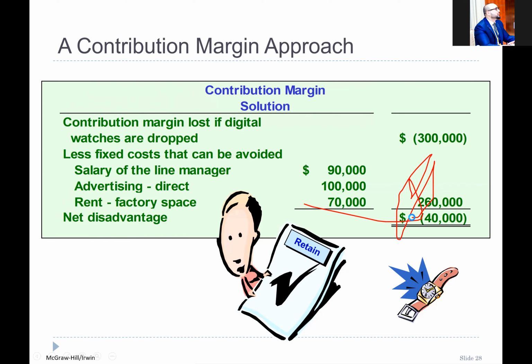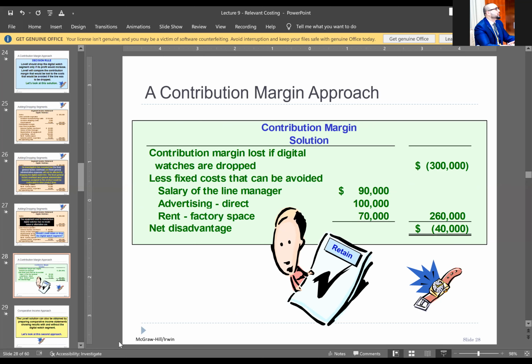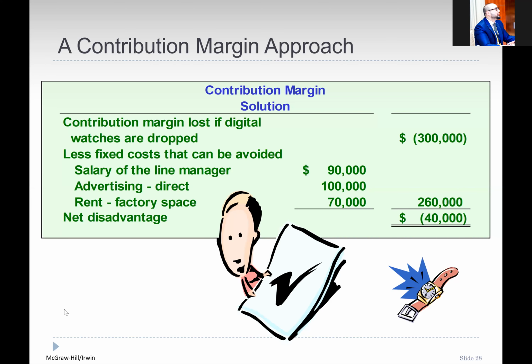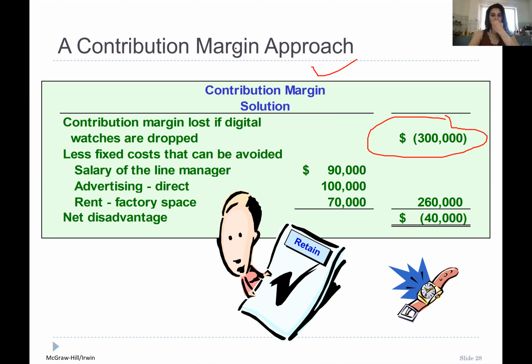Wait a second. Their rule was, if by dropping the digital watch the contribution margin or net income improved, then we will drop it, otherwise we will retain it.